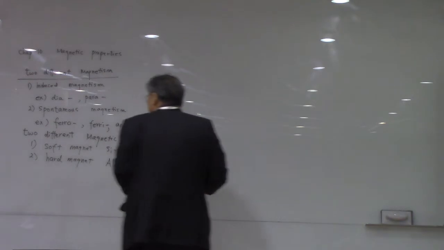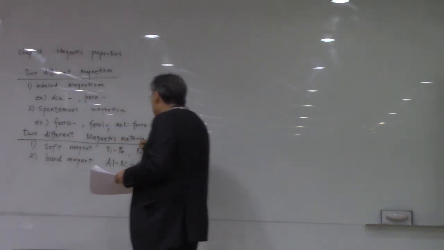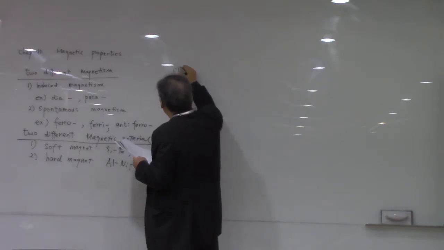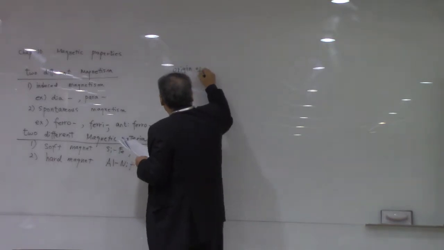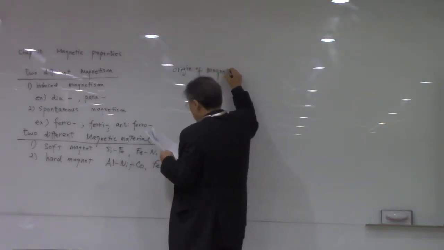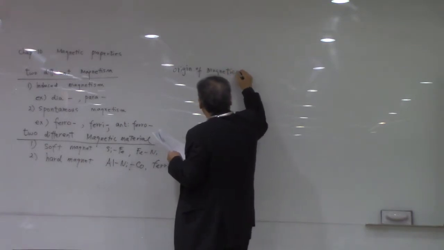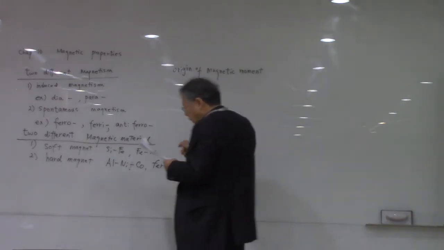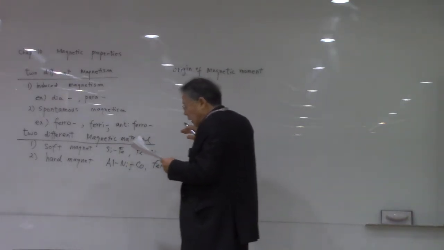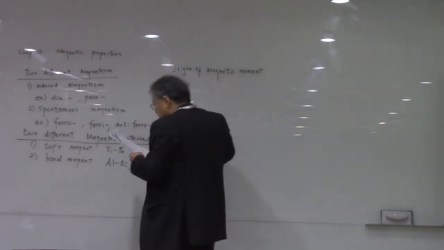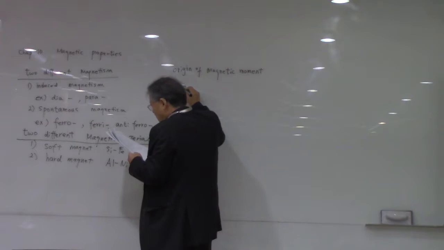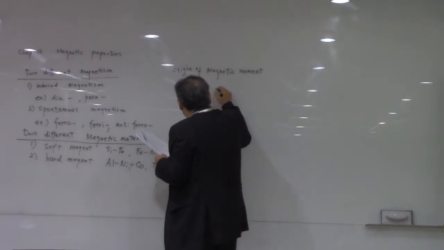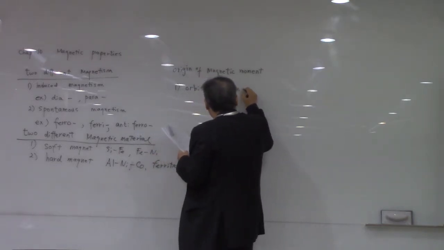And as we are going to talk about the origin of magnetic moment, we have two sources for the electronic magnetic moment, and one is the orbital motion of electrons.